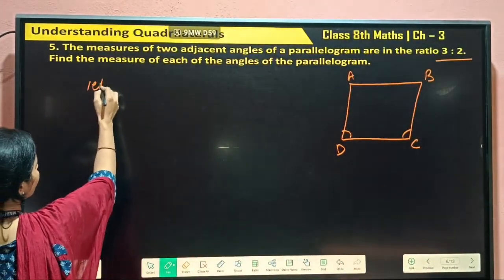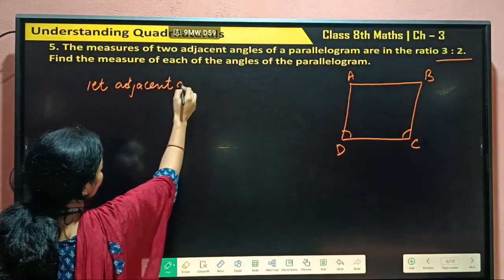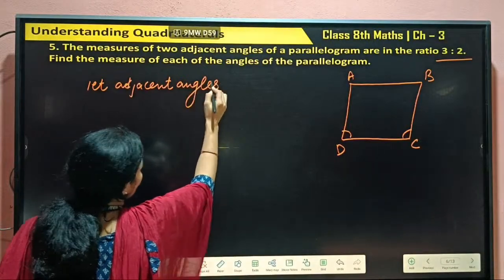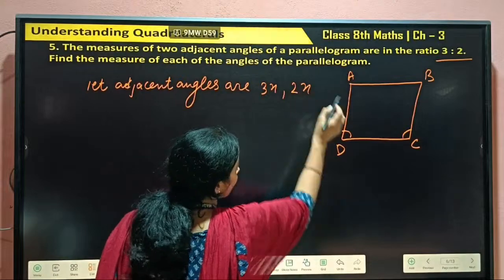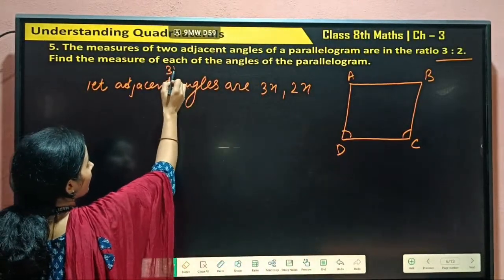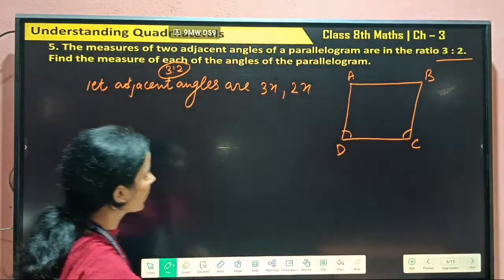Let adjacent angles be 3x and 2x. This was the ratio 3:2, so the angles are 3x and 2x.